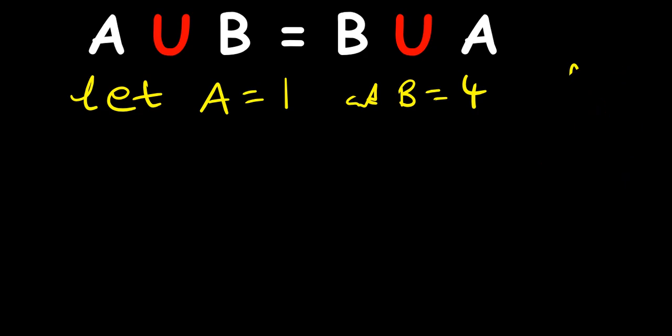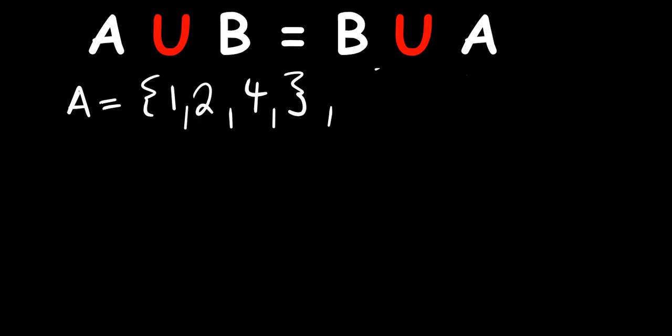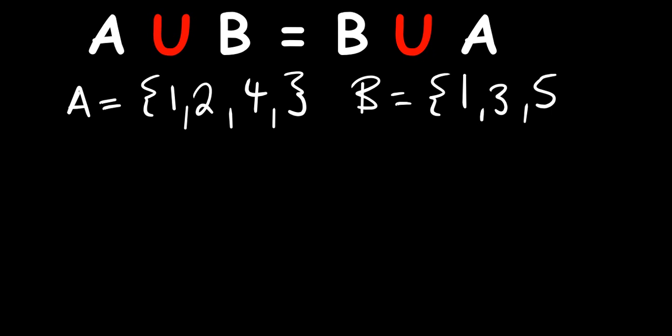So these are the two laws that you are supposed to understand and how they come about. That is very important. Now, let's use sets. Let's say A is equal to {1, 2, 4}. Let's say B is equal to {1, 3, 5}.